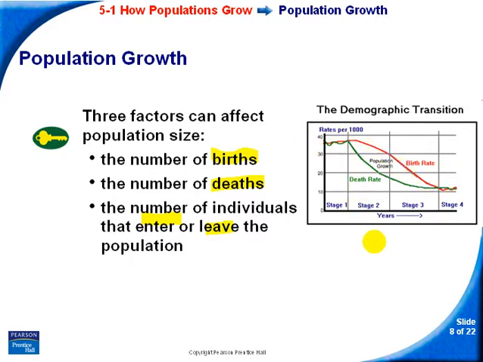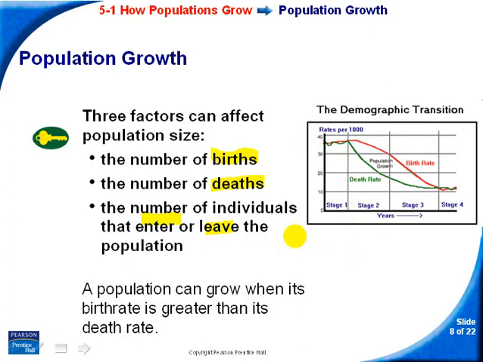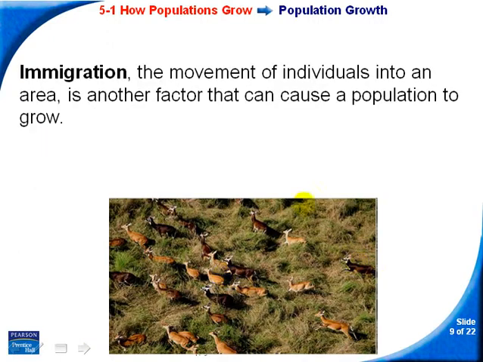Maybe we'll look a little bit more at that in Section 3. So a population can grow when, basically, the bottom line is when the birth rate is greater than its death rate. And if you have people dying at the same rate as people are being born, you're going to have zero growth.